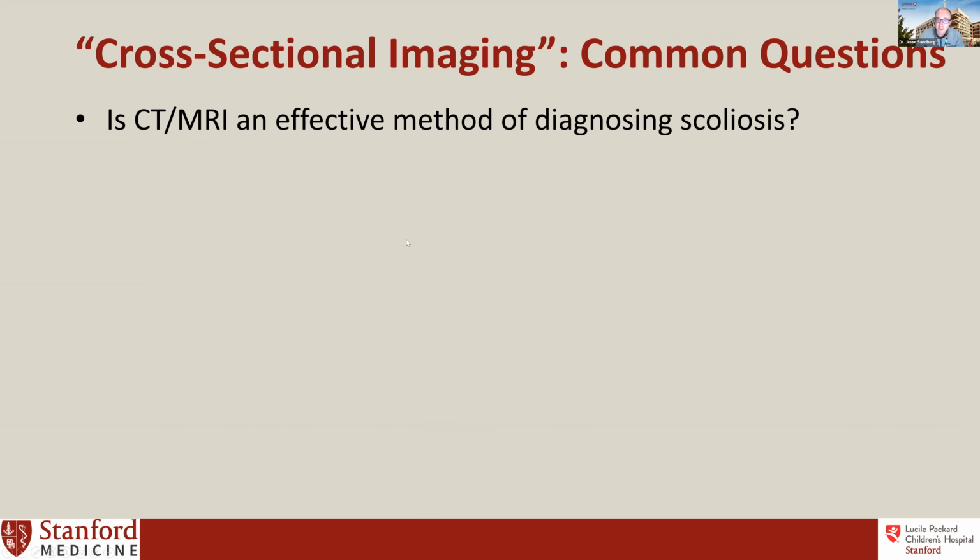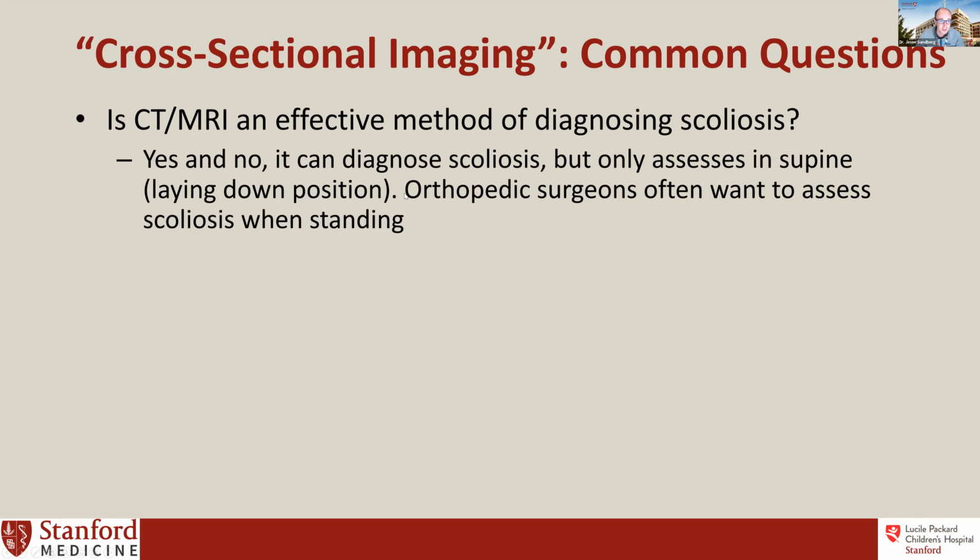A question I get sometimes is, is CT or MRI an effective method for diagnosing scoliosis? The answer is yes and no. It can diagnose scoliosis, but it only assesses in the supine position, the laying down position, because that's how you obtain the CT or MRI.